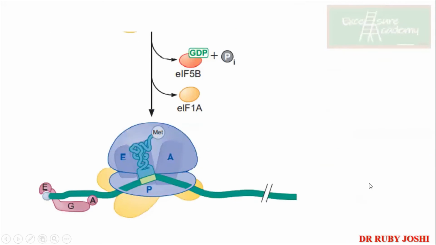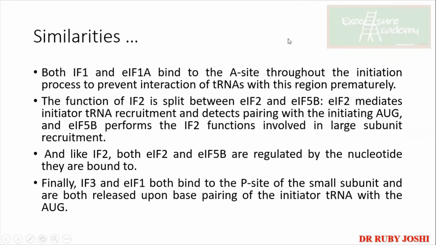Okay, now at the end you have got your entire 80S complex which is going to be performing the translation. Now just going back, here I have listed out all the similarities between the prokaryotic initiation factors and the eukaryotic initiation of the translation. हमने कैसे देखा, IF1 in prokaryotes and eukaryotic IF1A, they bind to the A site. ठीक है, तो इसका क्या काम है, to prevent the charged tRNA coming prematurely.